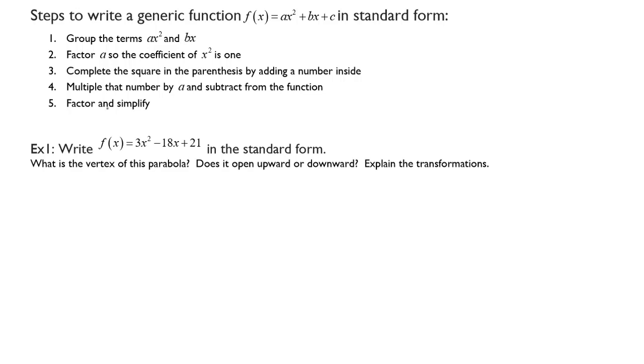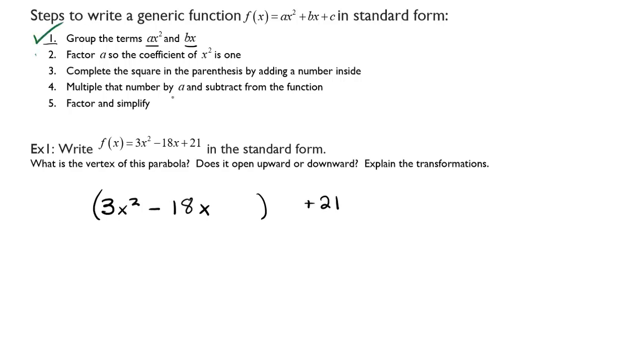The first step will be to group the terms ax squared and bx. That will be 3x squared minus 18x, plus 21 off to the side. So that's grouping it. We've got that step down.